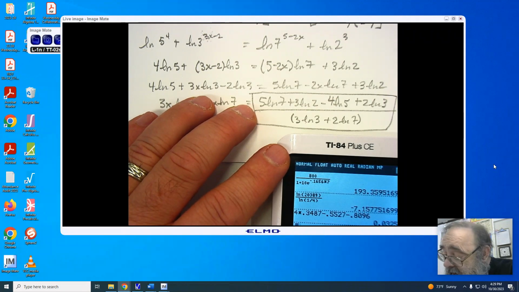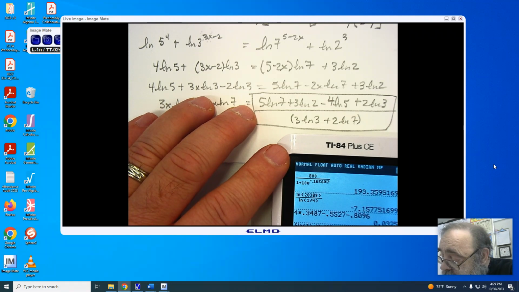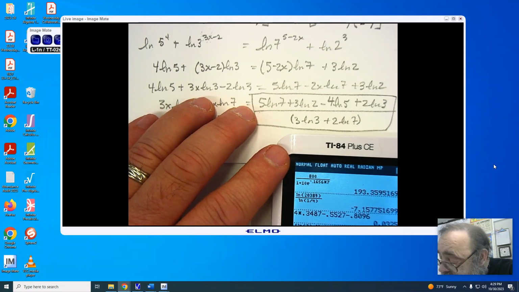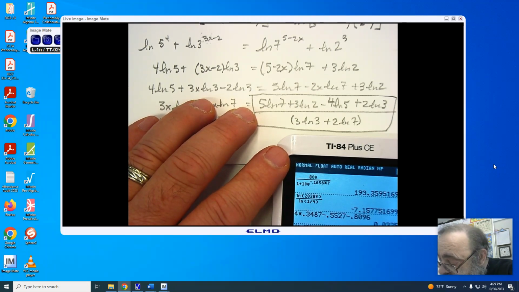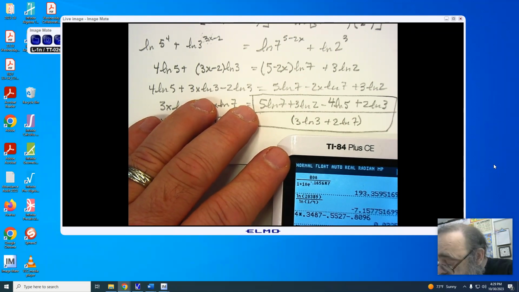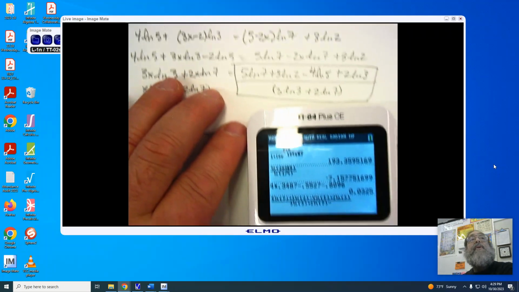And I have 5 natural log of 7 plus 3 natural log of 2 minus 4 natural log of 5 plus 2 natural log of 3. Then denominator 3 natural log of 3 plus 2 natural log of 7. Notice I do have to close the parenthesis in between each.